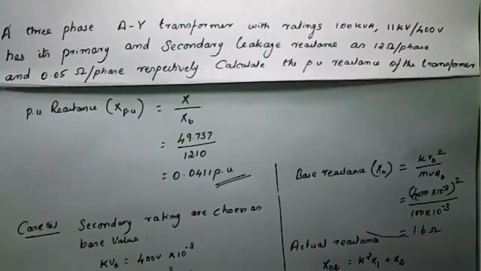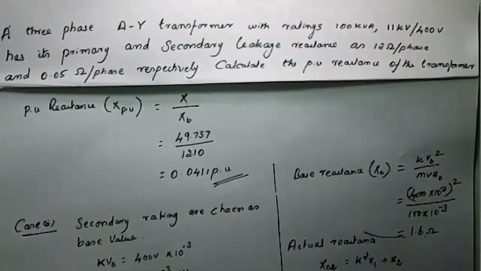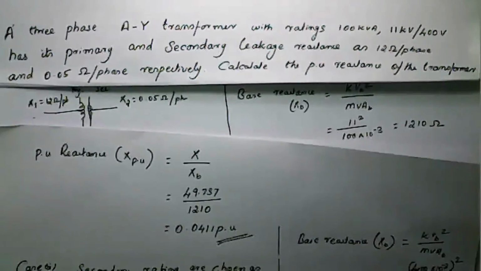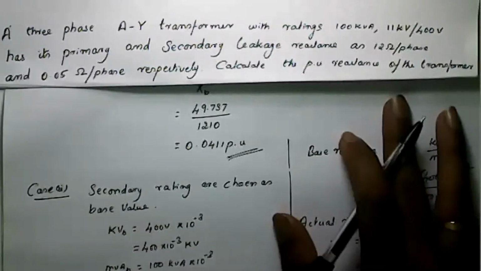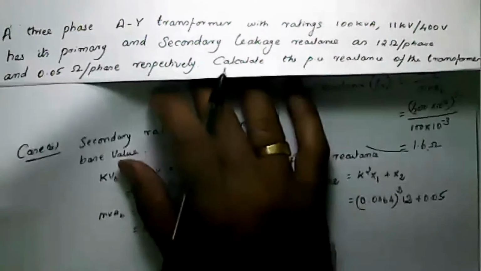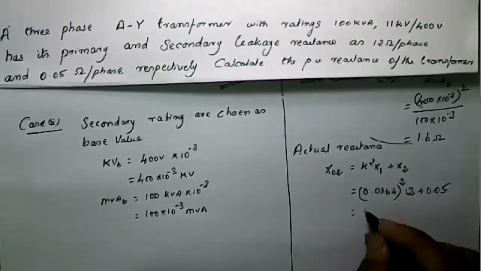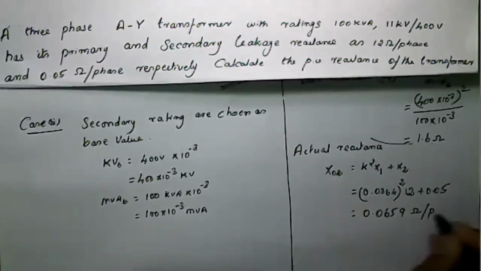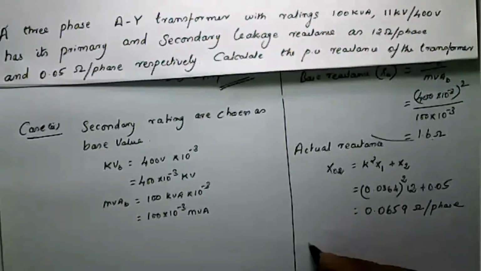So K square, 0.0364 the whole square, into X1 12 plus X2 0.05, is equal to 0.0659 ohm per phase.